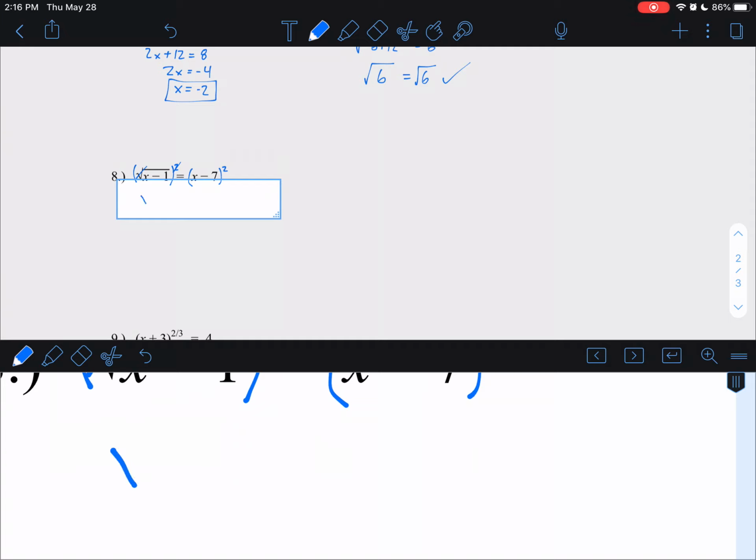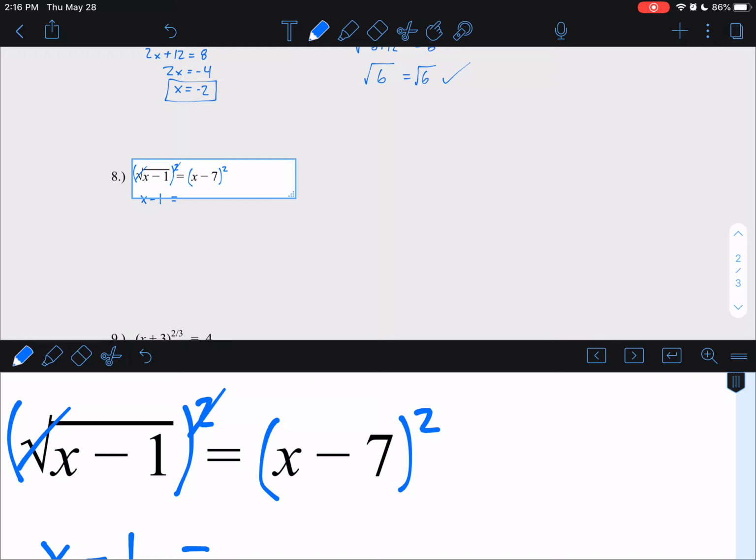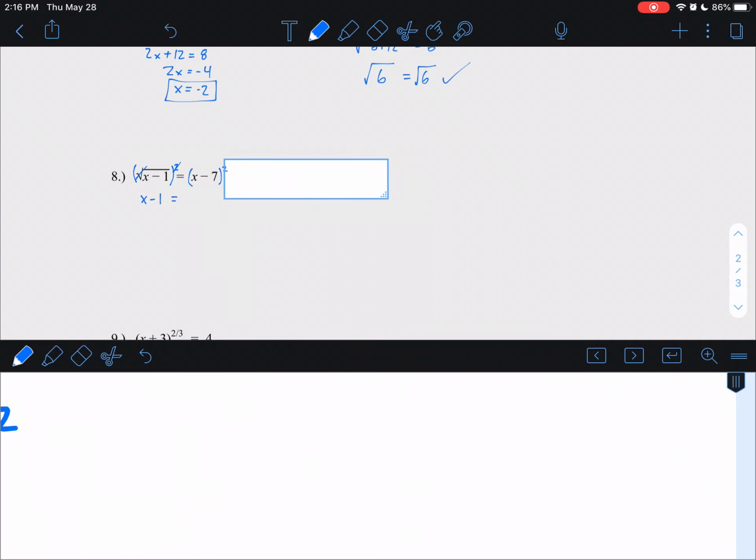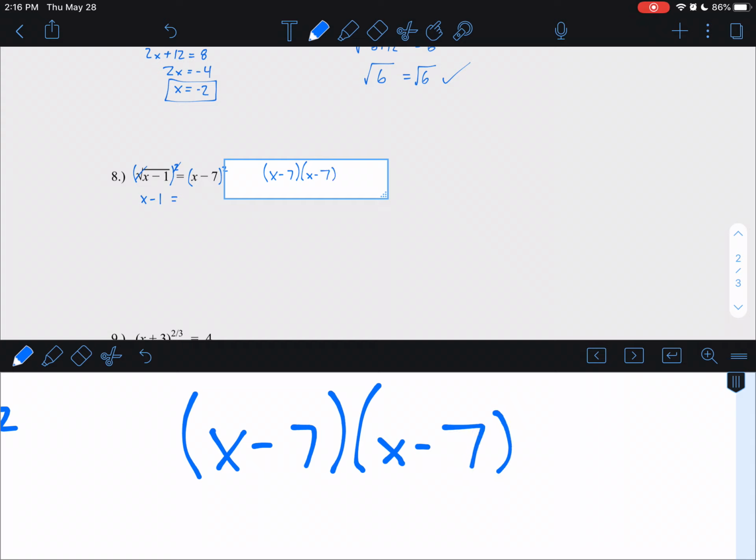So I have x minus 1 equals, and over here, this is where it gets a bit different, because I have x minus 7 squared. And x minus 7 squared is not going to be x squared minus 49. No, it's going to be x minus 7 times x minus 7, and then I have to multiply it out.